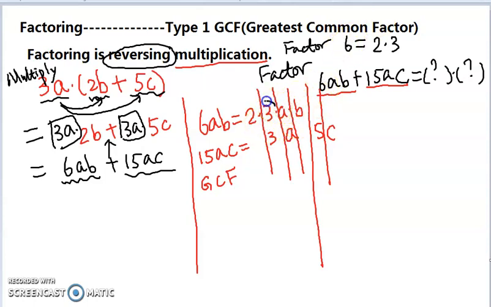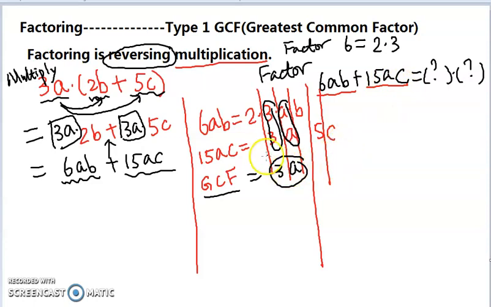As we can see, we found a 3, we found an A. Bring them down, that gives us 3 times A. That would be the GCF, the one we multiplied into the two terms. So that's the first step, to look for the GCF, and that is why this type is called GCF, because 3A is the greatest common factor of 6AB and 15AC.